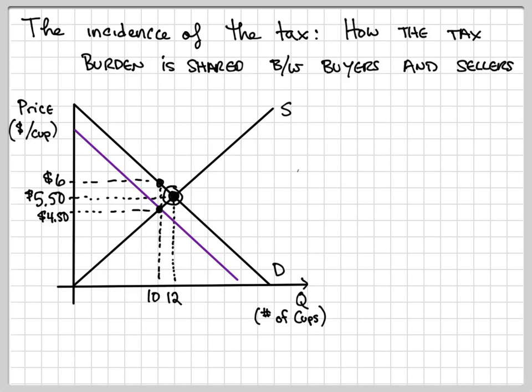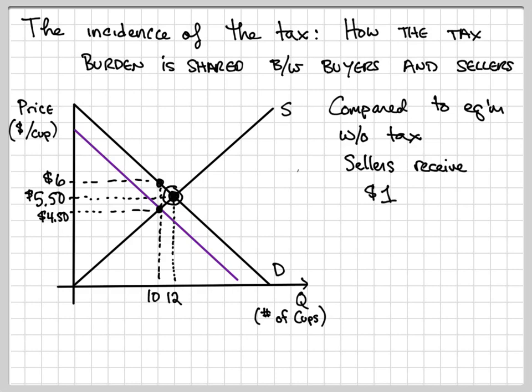So compared to the equilibrium without tax, sellers receive $1 less per unit, and buyers pay 50 cents more per unit.